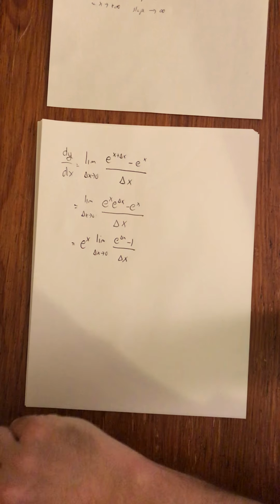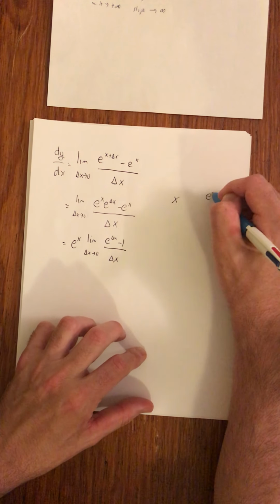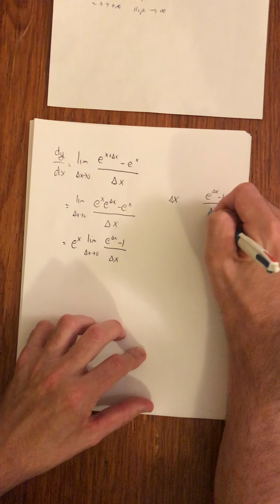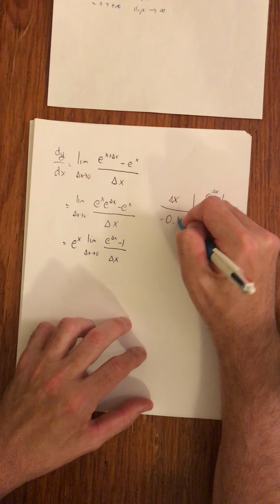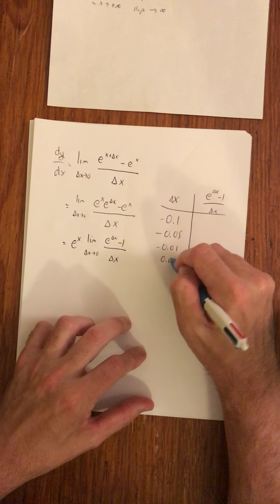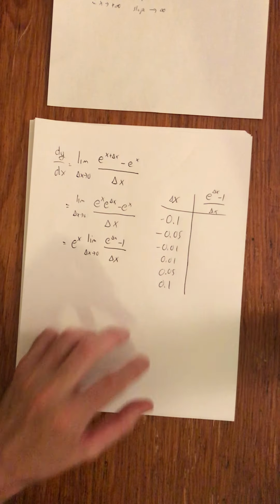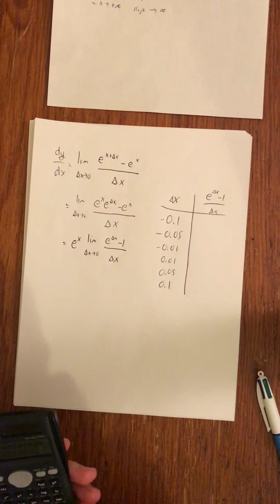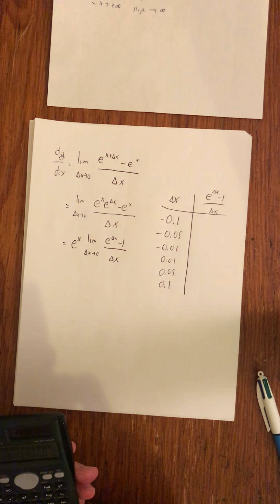I don't know that one, so it looks like I'm doing a numerical evaluation. So here we go: negative 0.1, negative 0.05, negative 0.01, 0.01, 0.05, 0.1. So take a moment, plug those things into your calculator. It's a good way to know how your calculator does e to the whatever.